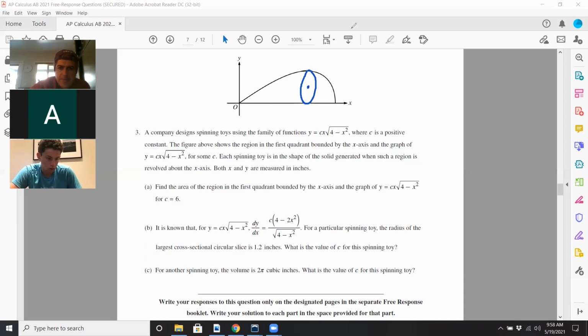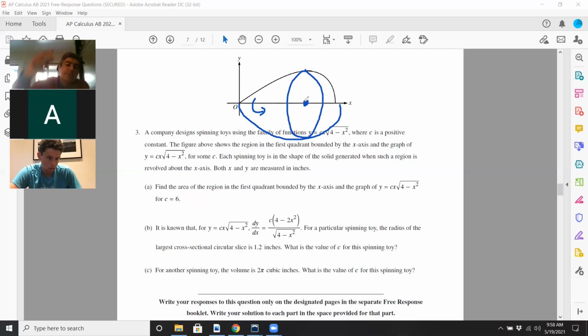It is rotating. They do say that. It's rotating about the x-axis. Here we go. So you're going to have this region kind of like this here. Kind of looks like a whale or fish, but anyway.